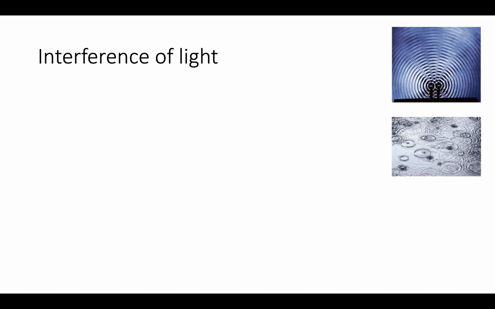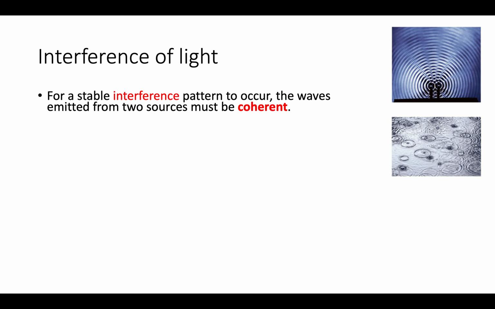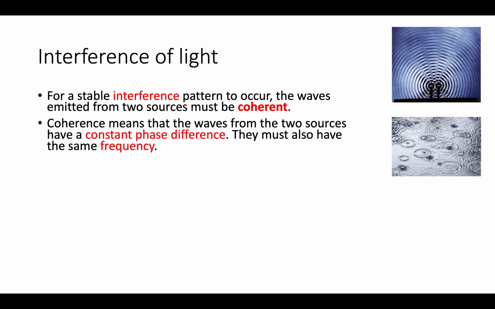So thinking about interference then, what we studied before was, in order for interference to happen, we need two sources which are coherent. So the two pictures there show ripples on a puddle produced by raindrops. That's not a coherent source. So although you could observe interference, it's not a stable pattern and it disappears. In order for something to be coherent, there's got to be a constant phase difference, and the two waves have to be the same frequency.